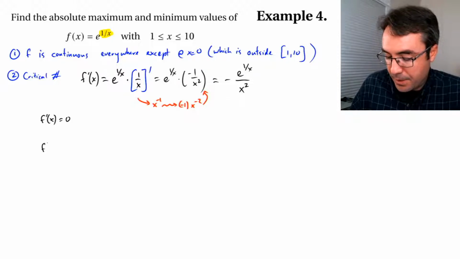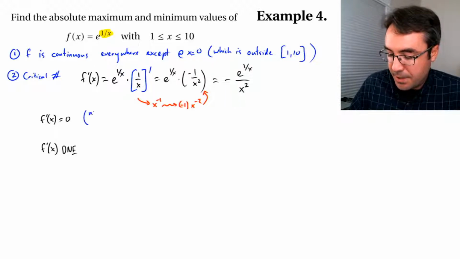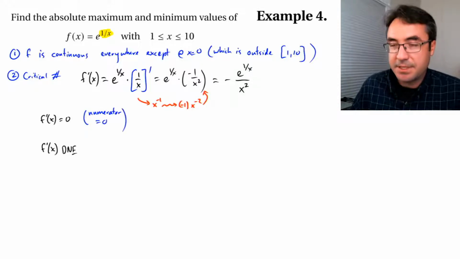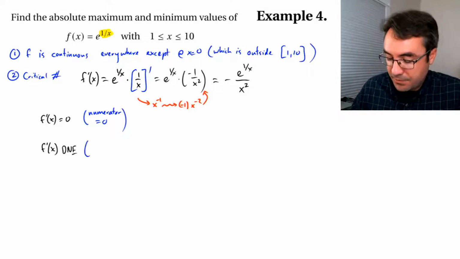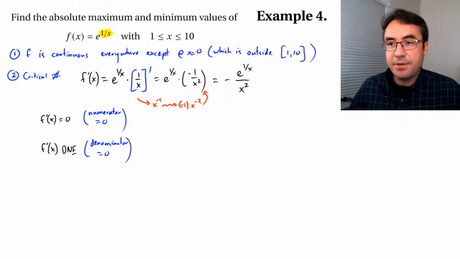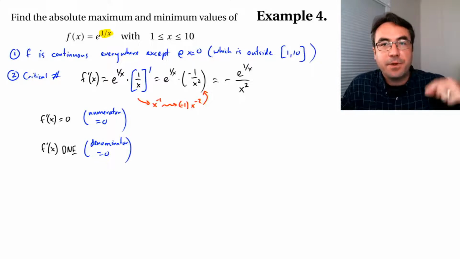We want to figure out where our derivative is equal to 0 and where our derivative is undefined. The nice thing when we have it in a fraction is that the derivative is equal to 0 exactly where the numerator is equal to 0, and our derivative is undefined when the denominator is equal to 0. So getting everything into fraction form really helps figure these potential critical numbers out.